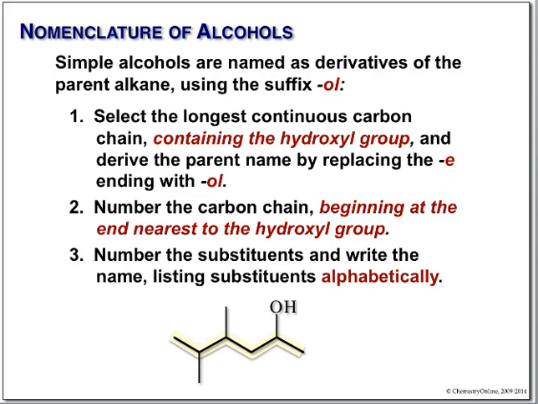We're going to number at this end. We are going to have methyl groups at 4 and 5, hydroxyl group at carbon 2. The name that I wrote is the 2-hexanol. What we just said was you could also move this 2 down here in between the hexane and the OL. So you can put the 2 here or between the N and the O.